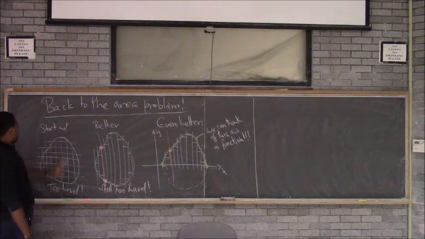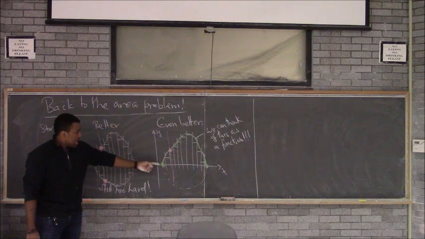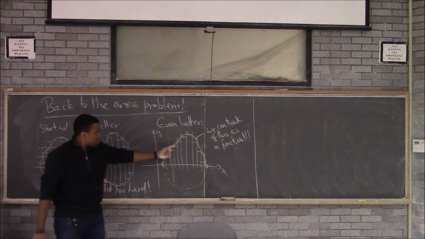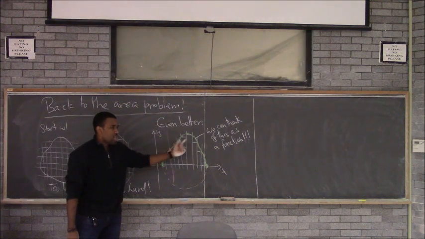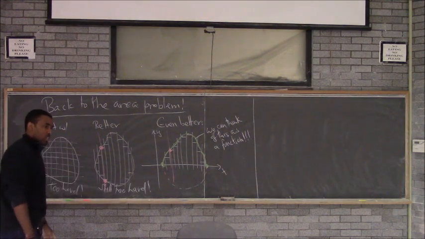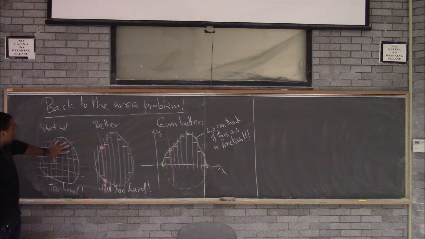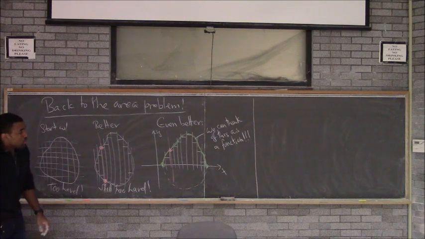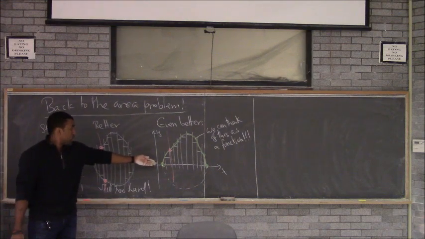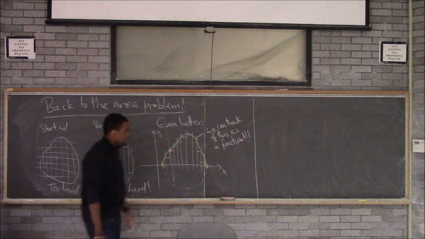So if I can go from a situation where I'm dealing with just a bunch of random rectangles that someone has to draw in, to a situation where now the rectangles' heights are defined by a function, it gives me a lot more options to actually figure out how to deal with the situation. So this is how we're going to make the area problem nice. Instead of adding up a bunch of areas that look like this, I'm now going to add up a bunch of areas that look like this, where I can talk about those areas in terms of a function that's given to me.